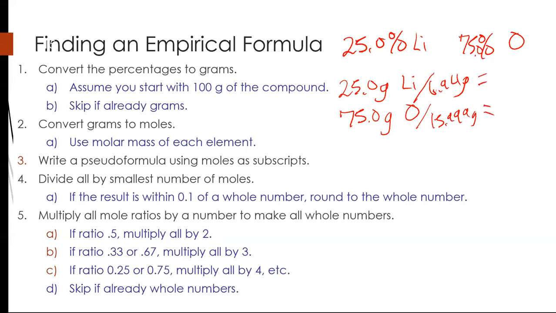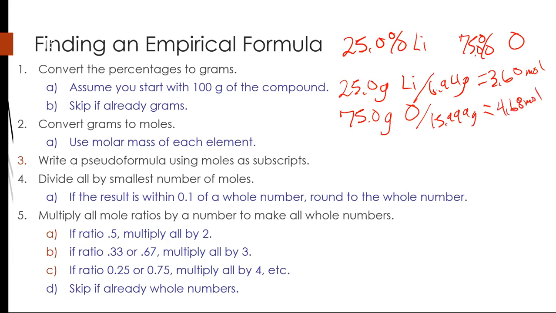The reason why we want to get them to moles is because their chemical formulas are always based on their atoms in comparison to each other. And so we can't use their masses. That mass ratio is not going to be the same ratio as their chemical formula, but the mole ratio will be.